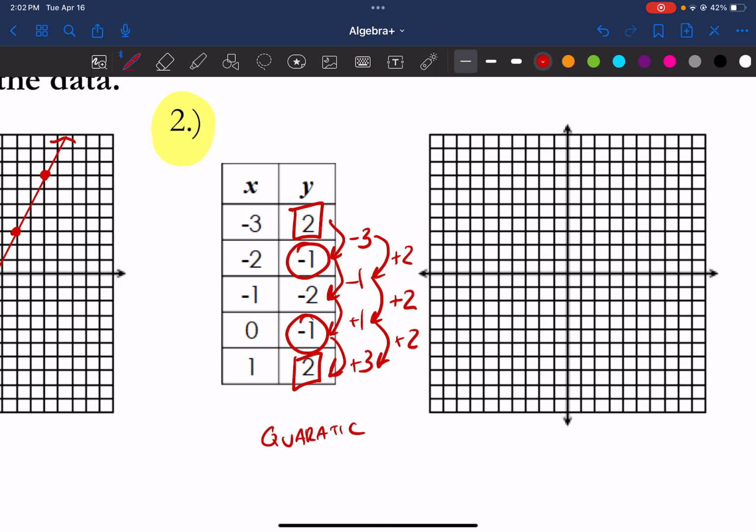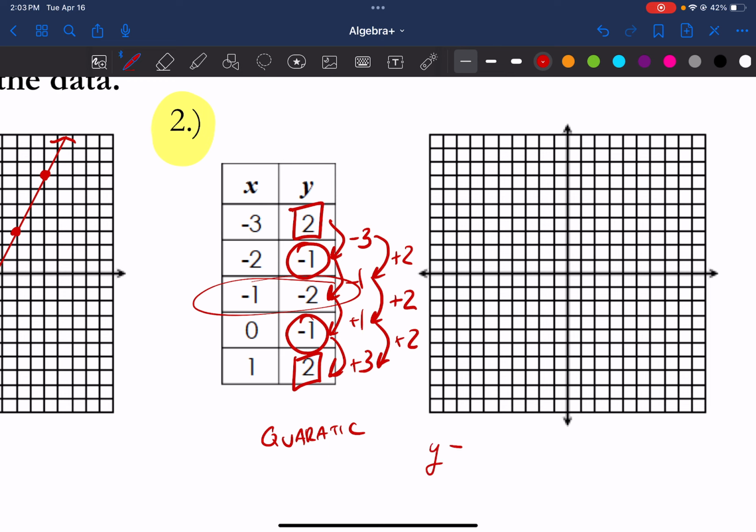You can also use vertex form to write this. Intercept form is if you had your x-intercepts, but we don't have our x-intercepts here. We use our vertex.